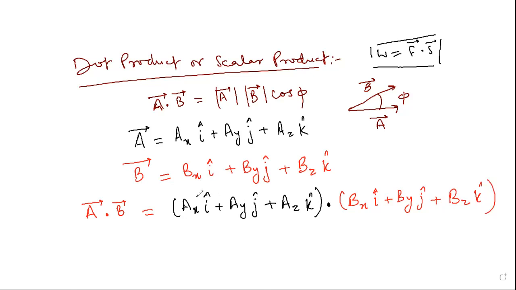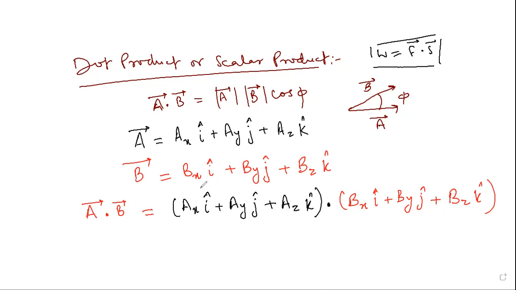Now if we expand this, on my right hand side I will have 9 terms. This AX term multiplied by these 3 will give me 3 terms. This AY term multiplied by this bracket will give me another 3, and this AZ term multiplied by this bracket will give me another 3 terms.